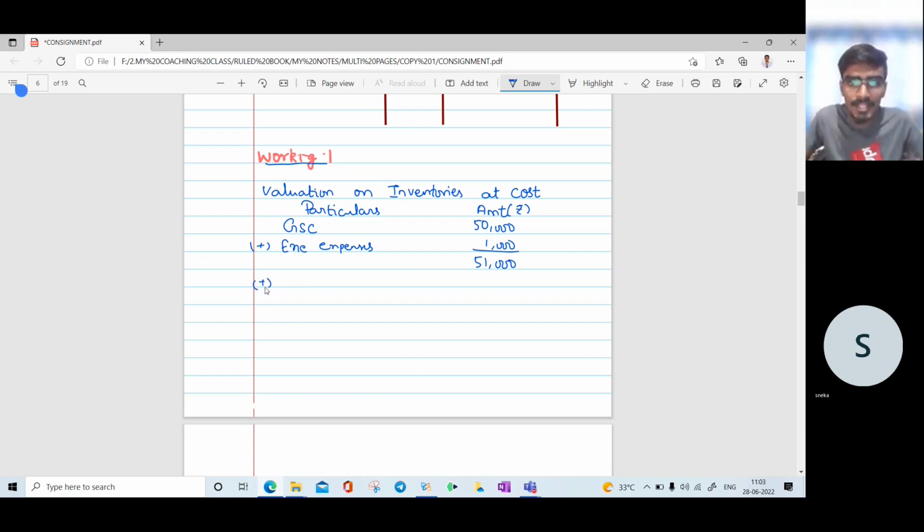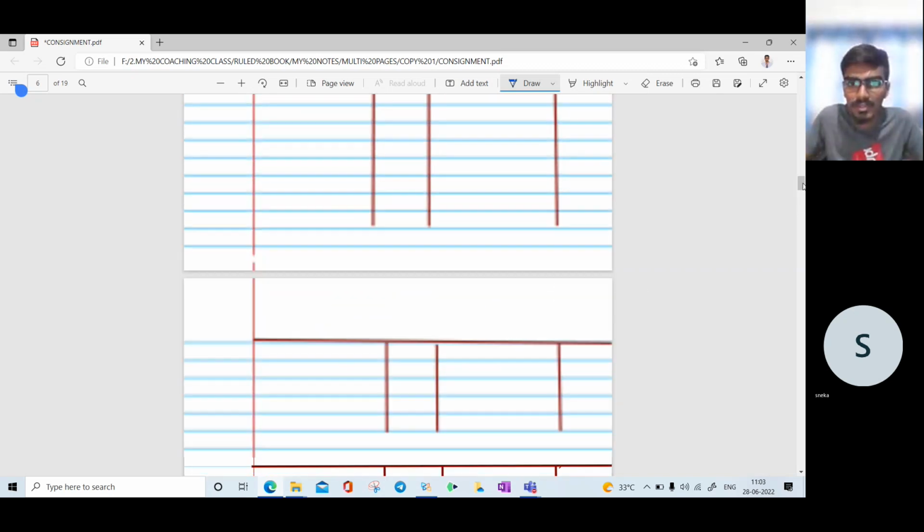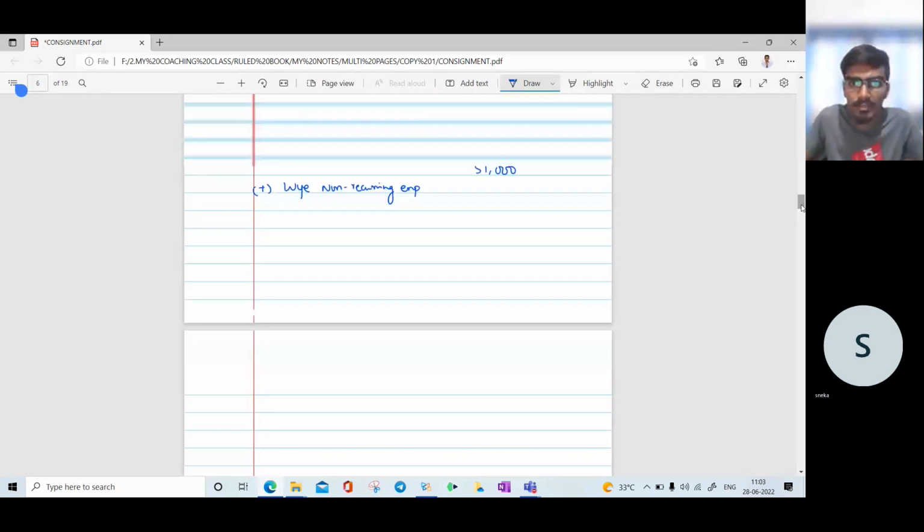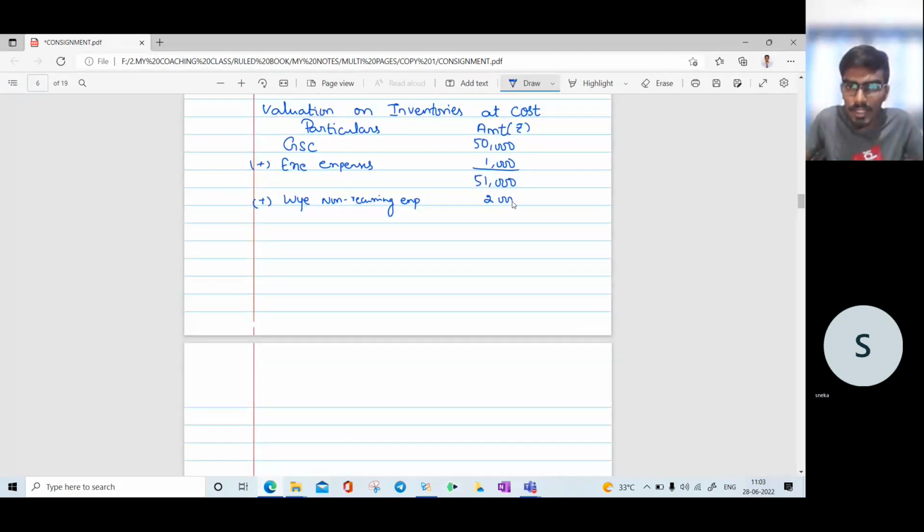Then add, there is no loss in transit, so we can directly add W's non-recurring expenses. How much is W's non-recurring expenses? 2,000, right? So add 2,000. So total 53,000.